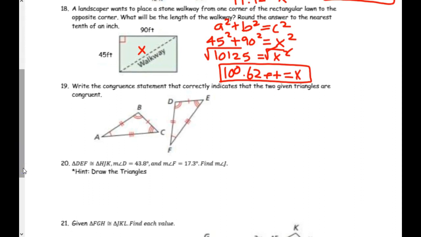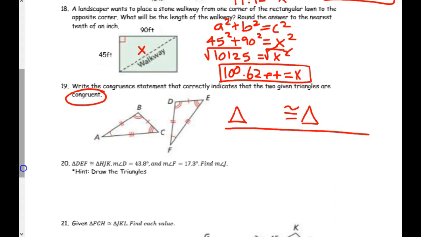So this says write the congruent statement that correctly indicates that the two given triangles are congruent. So when we do this, we like to say triangle blah blah blah is congruent to triangle blah, blah, blah. So, I like to do 1 arc, 2 arc, 3 arc.